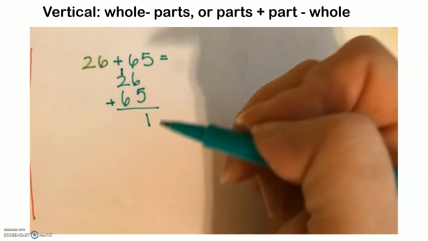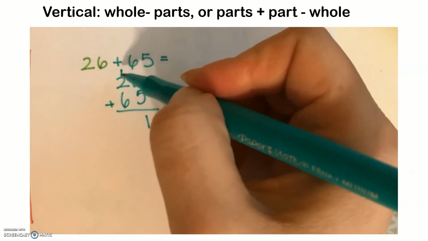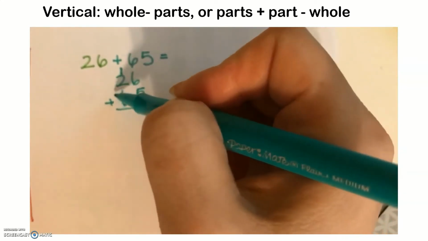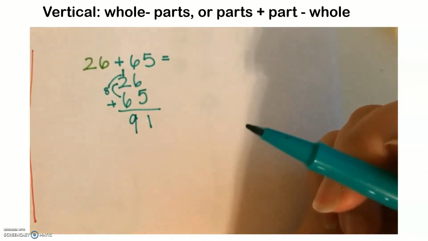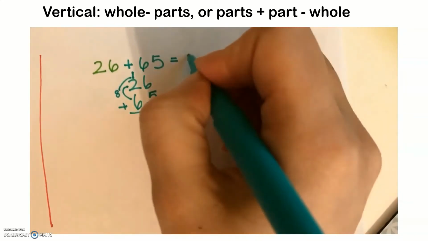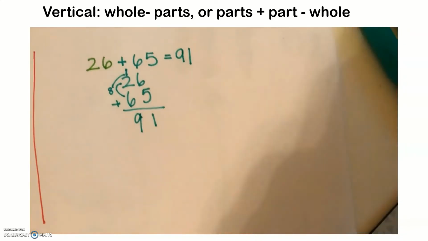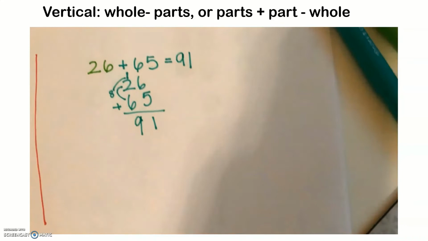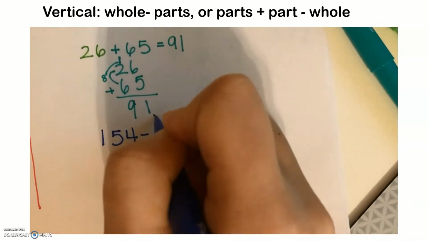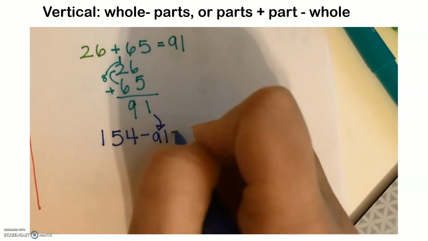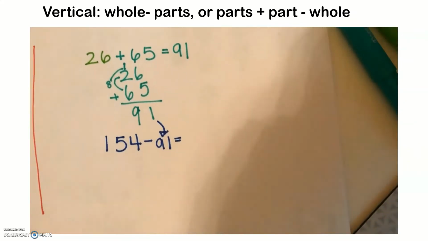I'm going to carry that 1 so that we can regroup it. 6 plus 2 plus 1, 6 plus 2 is 8, 8 plus 1 is 9. So those are our two parts put together. Now we're going to take that and we're going to subtract it from our whole. So this is our whole, and we're going to take that and subtract it so we can get our answer.